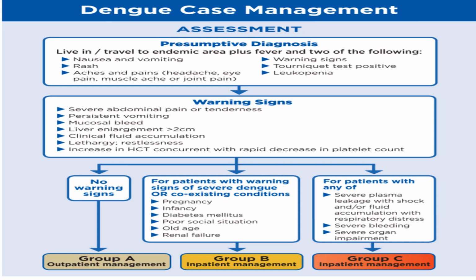But from dengue hemorrhagic fever type 1 onwards, that is those who already have warning signs of severe dengue or coexisting conditions like pregnancy, infancy, diabetes mellitus, poor social situation, old age or renal failure, they will go into group B and will require inpatient management. And for any patient with severe plasma leakage, with shock syndrome and severe bleeding, severe organ impairment, they will go into the dengue shock syndrome and they will be managed as per group C in the inpatient.